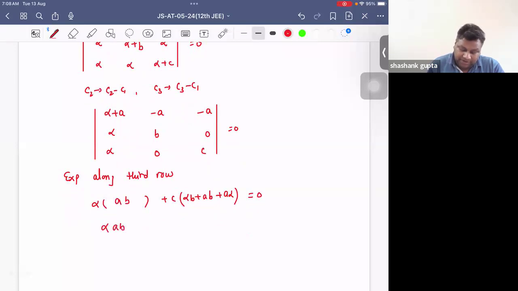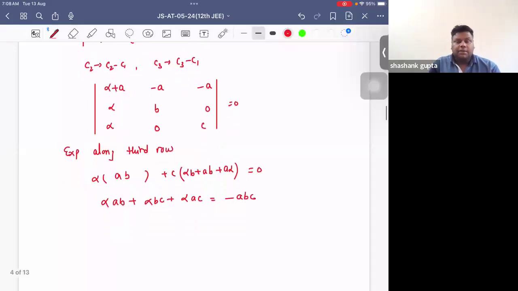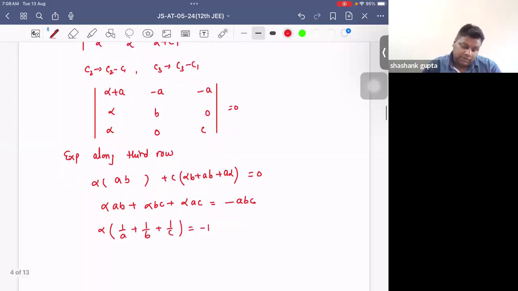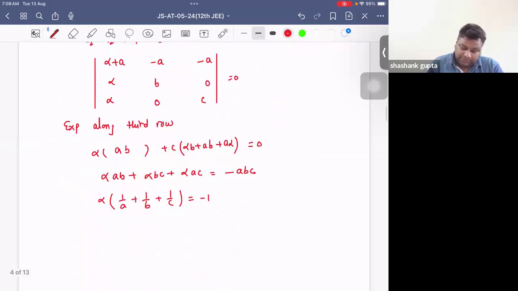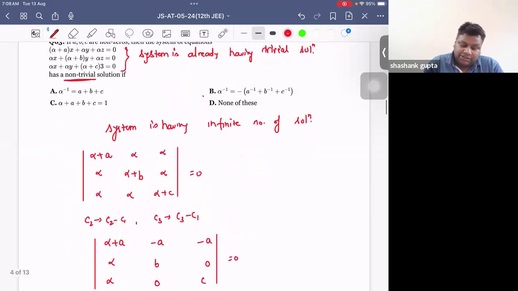So alpha AB plus alpha BC plus alpha AC is minus of ABC. If you divide the entire equation by ABC, you get alpha times 1 by A plus 1 by B plus 1 by C equals minus 1. So the option is alpha to the power minus 1 is minus of A to the power minus 1 plus B to the power minus 1 plus C to the power minus 1. So this is going to be your correct answer.